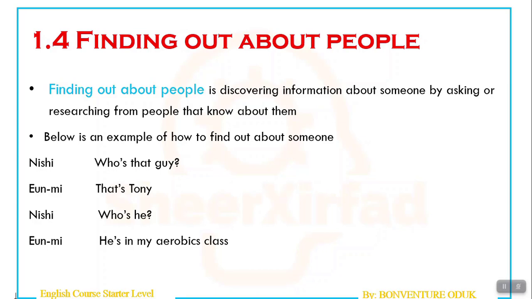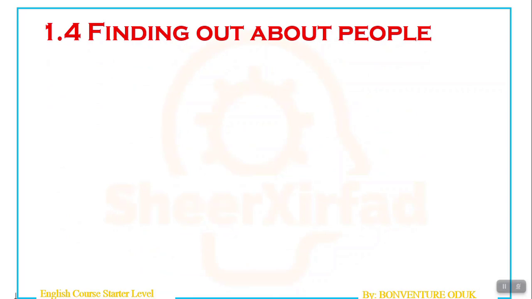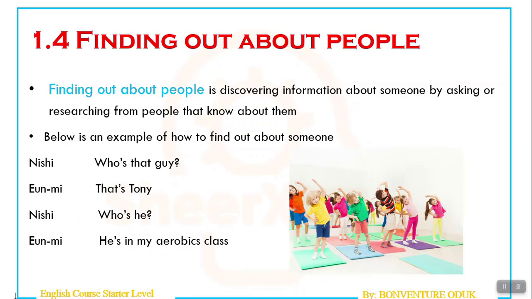Let me read. Who is that guy? That is Tony. Who is he? He is in my aerobics class. Now, if you look at this particular example, it is trying to explain that this person here, who is called Tony, is in the class.